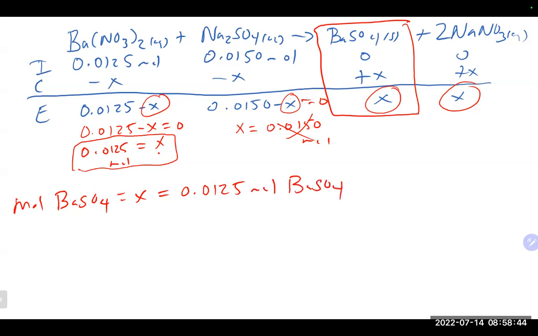Which we could then convert into grams by using the molar mass of barium sulfate. So barium was 137.3. Sulfur, 32.07, plus 4 times 16 for the oxygen, gives us about 233.4 as the molar mass from the periodic table.